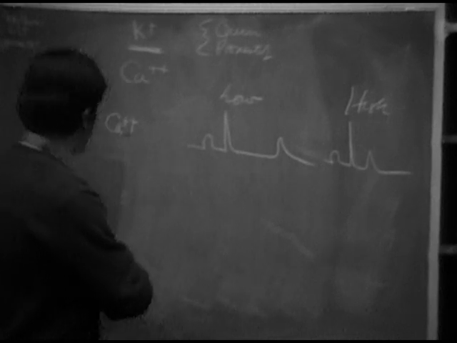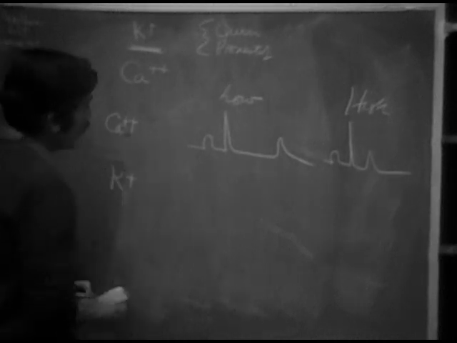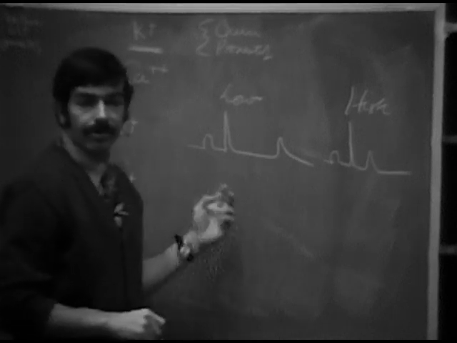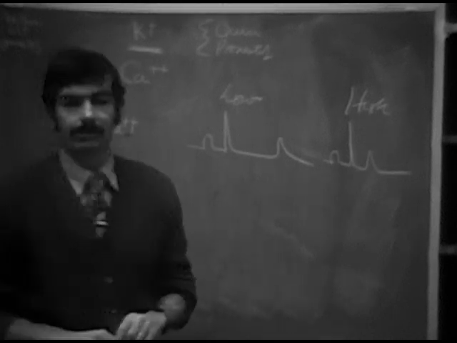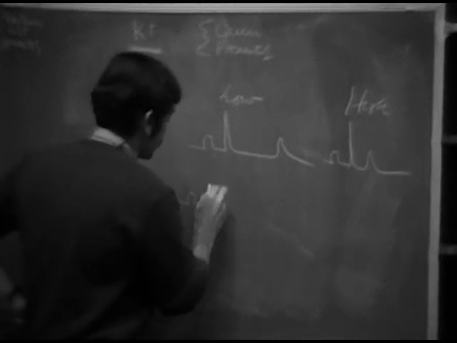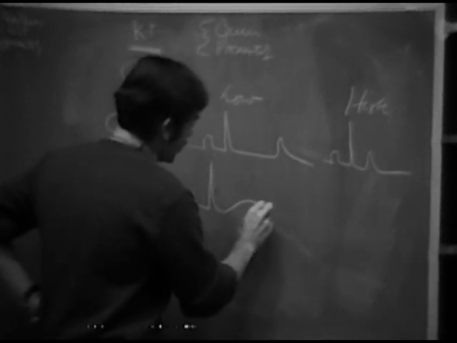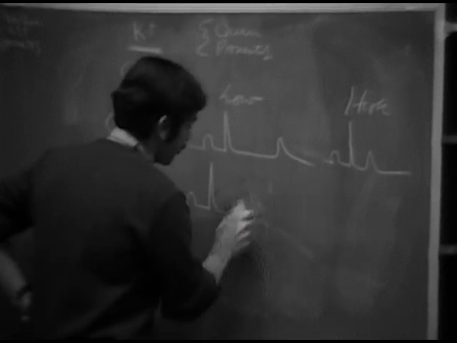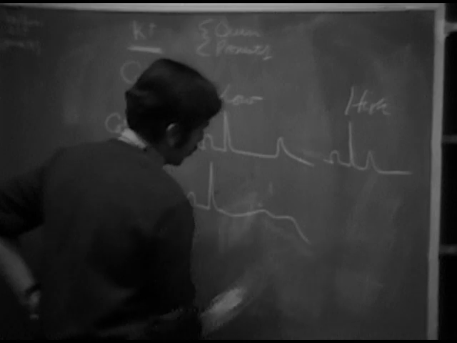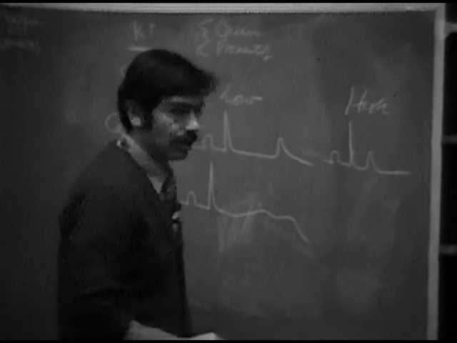All right. Now let's take a look at potassium. Low potassium also gives you a prolonged QT interval. But here, you have a somewhat different appearance than you do with calcium. You get a flat, long T wave with a U wave following it.